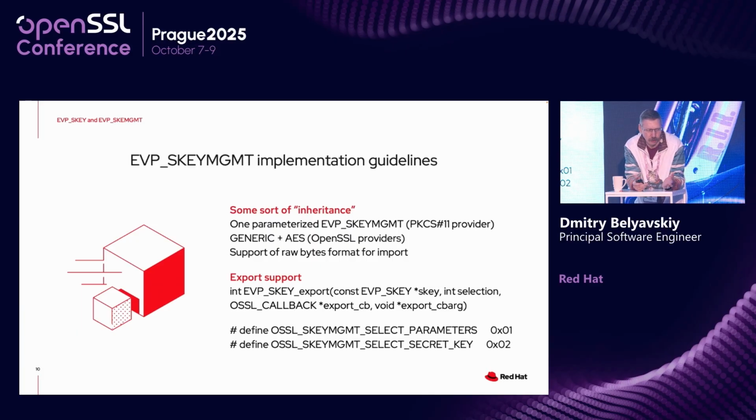You may want to implement some sort of inheritance. For example, what we have in OpenSSL is a generic secret object and an AES object, which provides some extra checks that the length of the opaque object's byte buffer matches the requirement we have for AES.